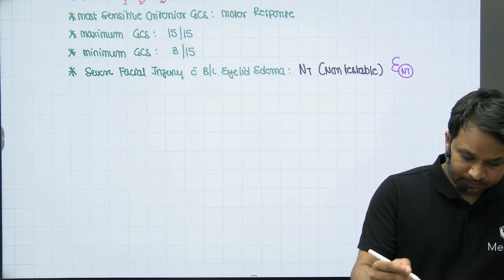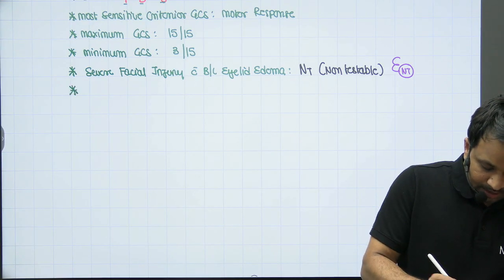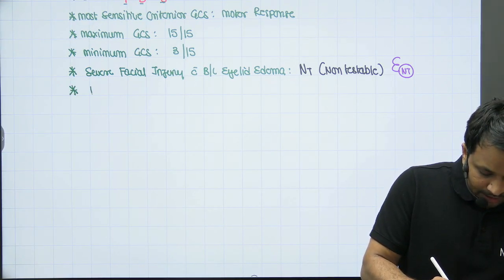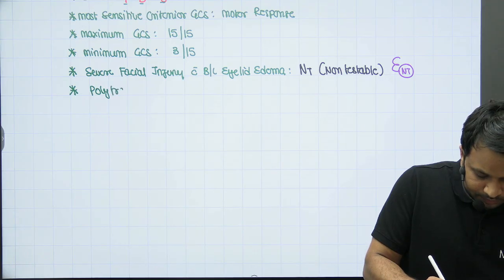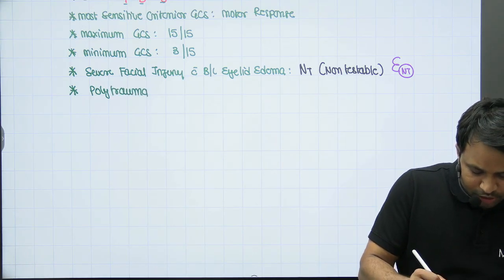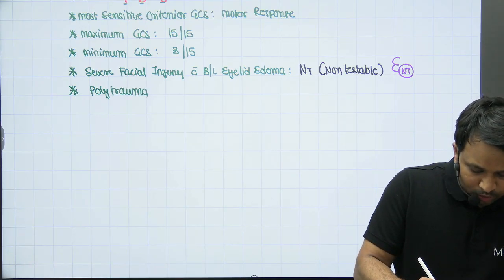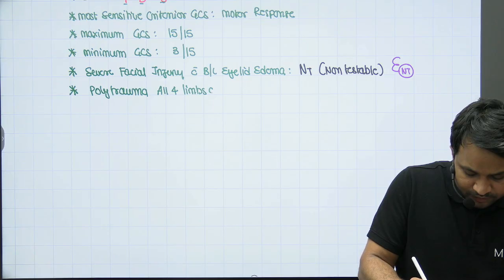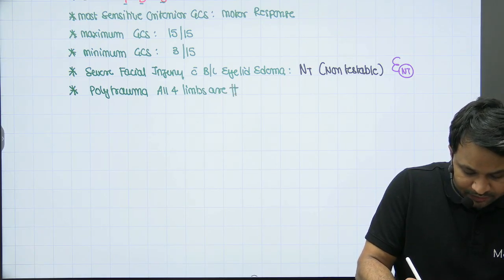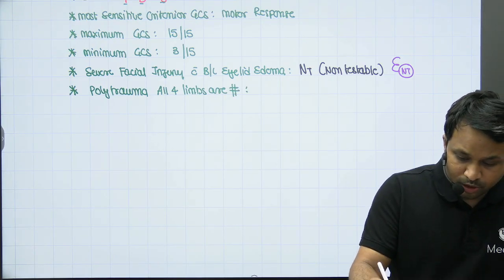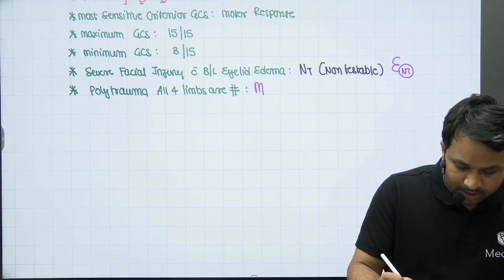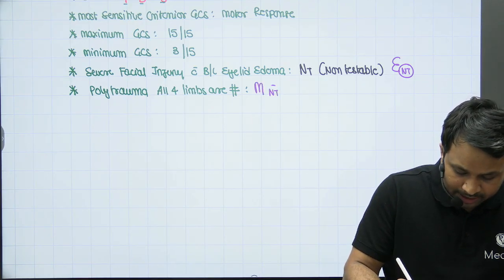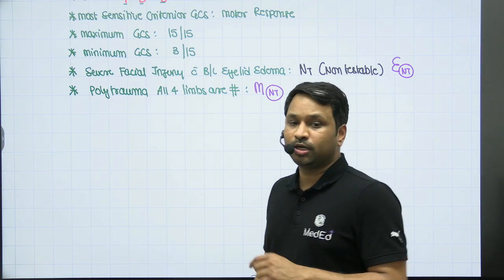Same thing in polytrauma, if let's say all 4 limbs are fractured. If all 4 limbs are fractured, what will become of your motor response? The motor response will also become NT, that is non-testable.